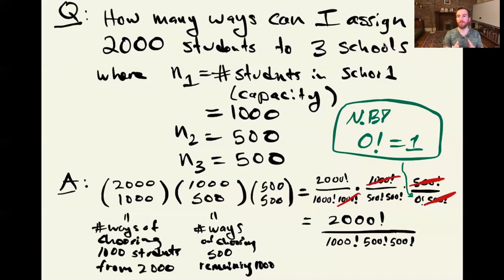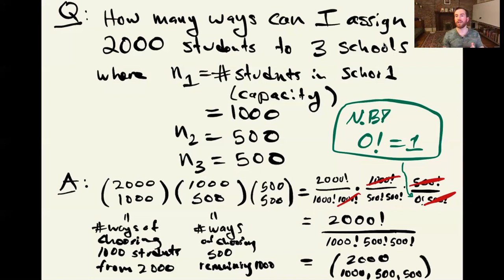So what is happening here? Notice this is exactly the formula for 2,000 choose 1,000, then 500, then 500. This is our multinomial formula.